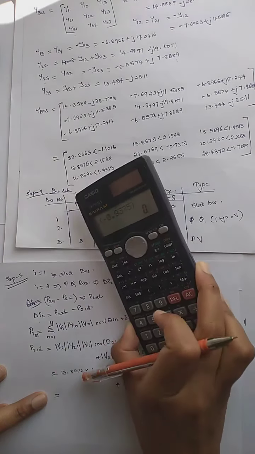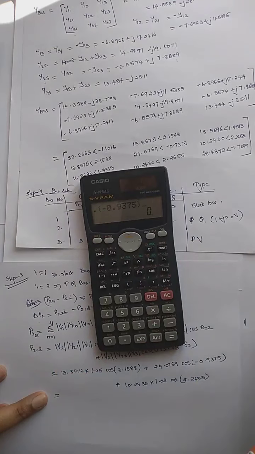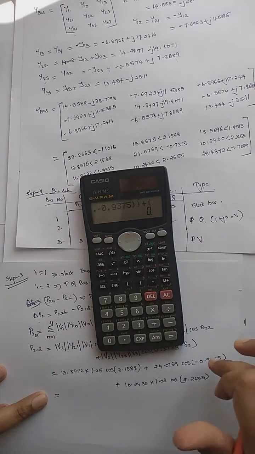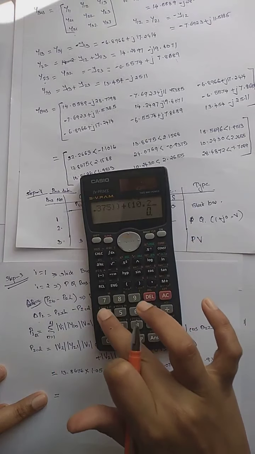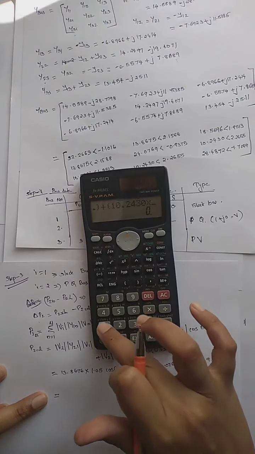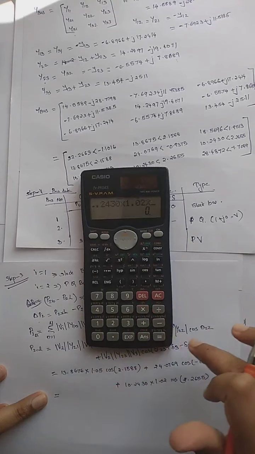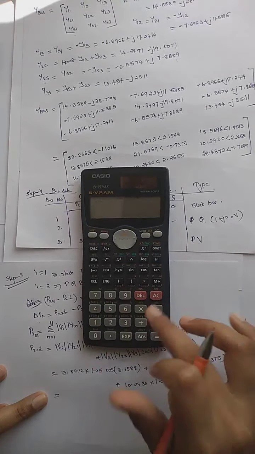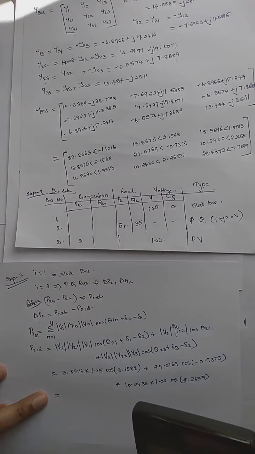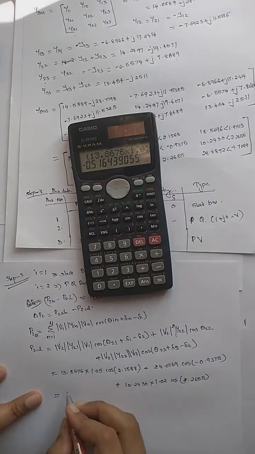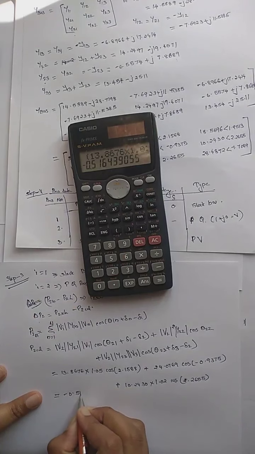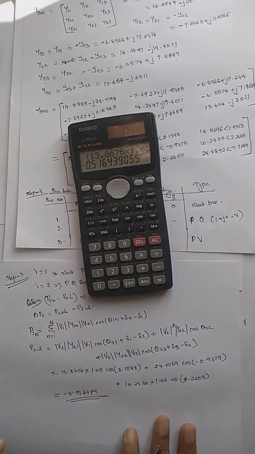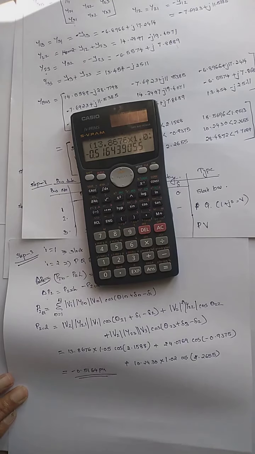Still some people will have doubt, so I am writing it as minus itself, plus 10.2430 into 1.02 into cos of 2.2655. That value I got it as minus 0.514, minus 0.5164 per unit. So this is the value for my P2 calculated.